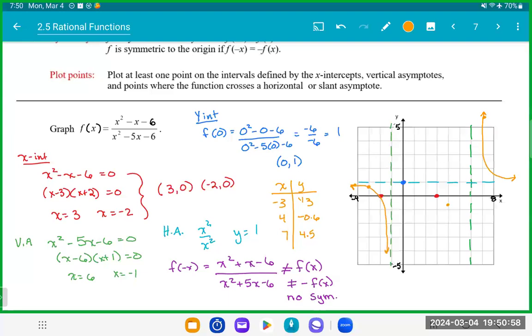And remember, we can cross our horizontal asymptote for this middle piece, but you notice the two outer pieces, that asymptote was there as a guide, okay? So if you were to put this equation into your graphing calculator, you would get something that looks a little bit like what we have here on the right. Okay, question.